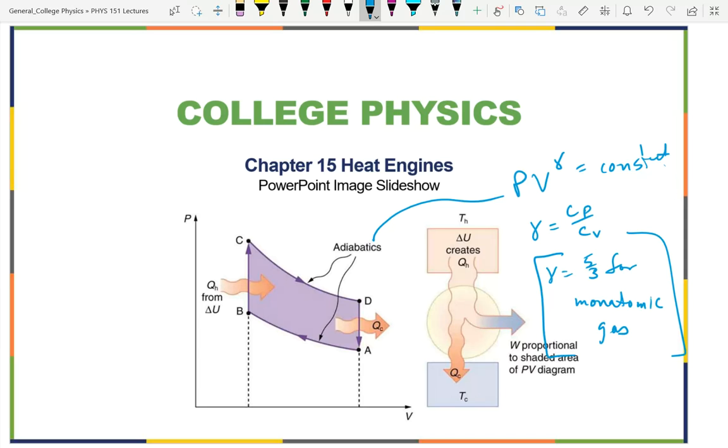And gamma, as we did learn, is the ratio of Cp, the molar specific heat at constant pressure, to Cv, the molar specific heat at constant volume. And so gamma for a monatomic ideal gas is 5/3. Remember, we went through the whole degrees of freedom thing in calculating what the Cp and Cv are. So that will definitely help for that problem.